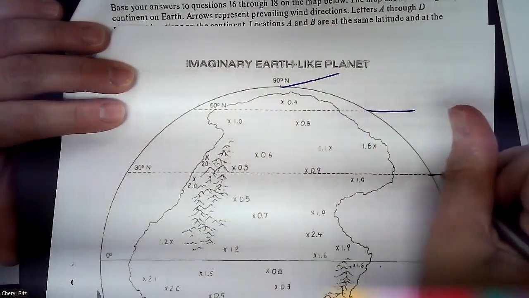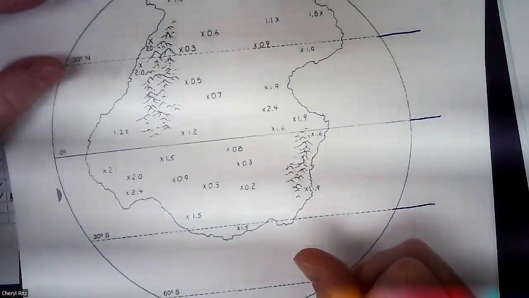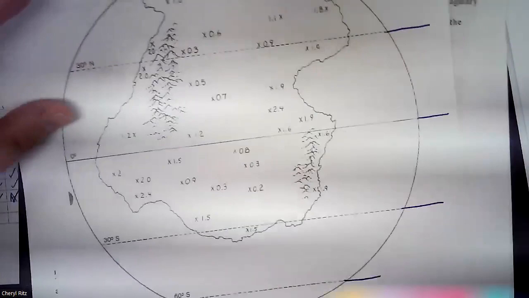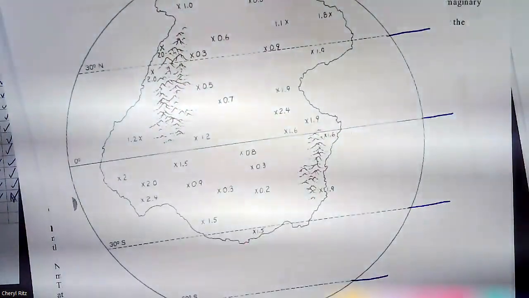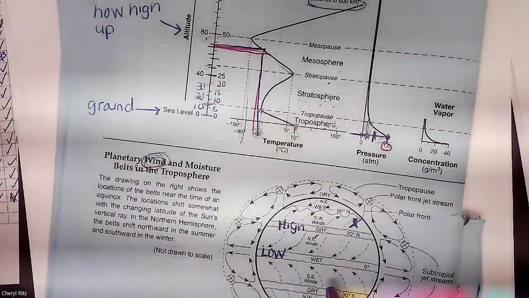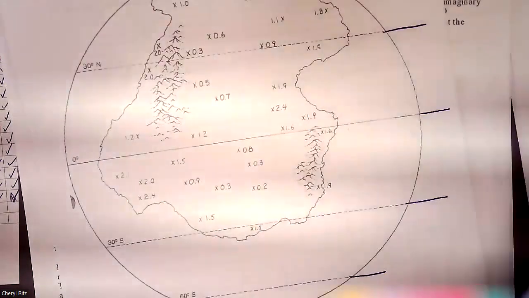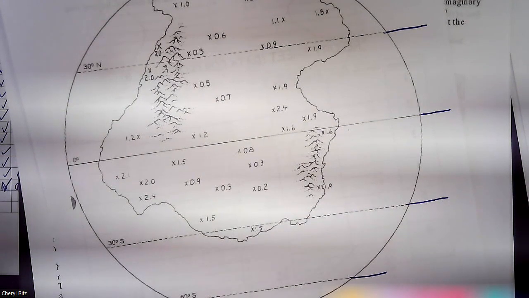High or low, for each one. So you're going to label 1, 2, 3, 4, 5, 6, 7. Seven places just need an H or an L. Keep in mind, you can figure that out from the winds because winds blow from high pressure to low pressure. So wherever the butts of your arrows are should be your high pressure. The heads of your arrows should be low pressure.